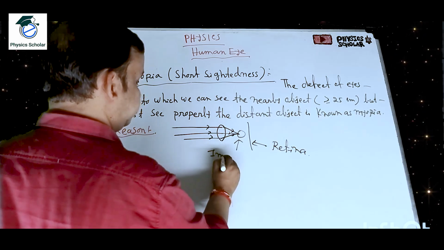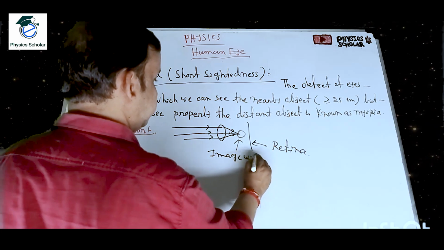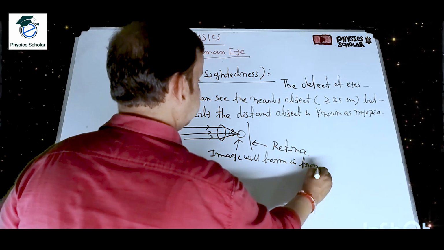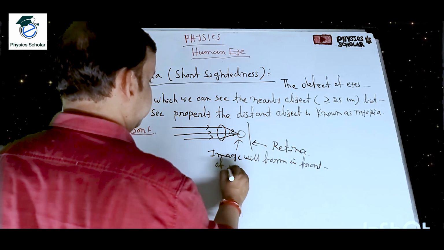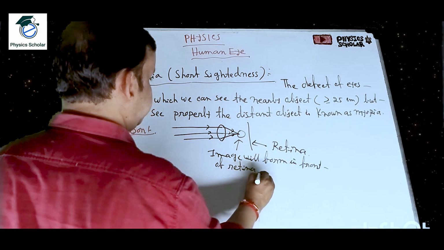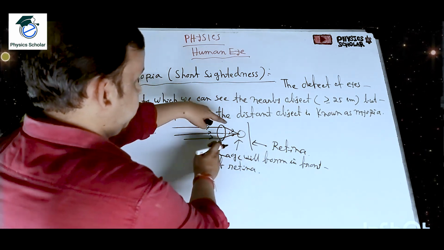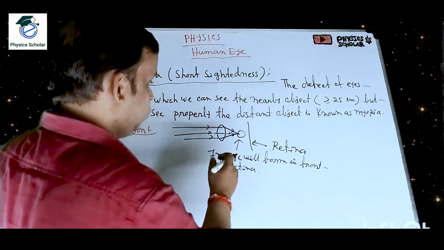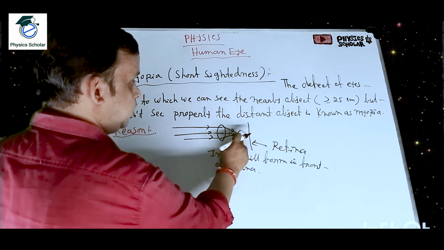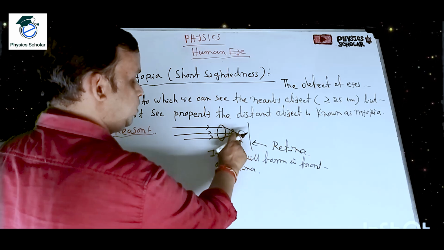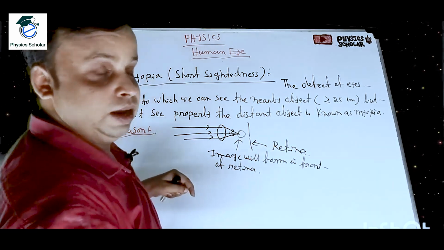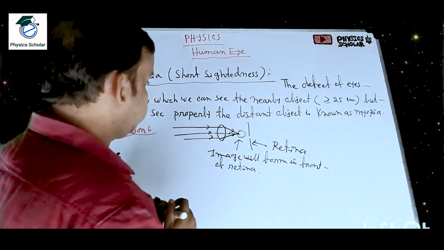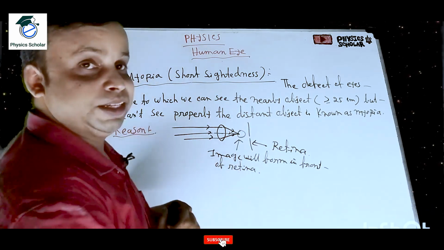The image is supposed to be formed on the retina, but it is forming before the retina. So that's why we cannot see the distant object properly.